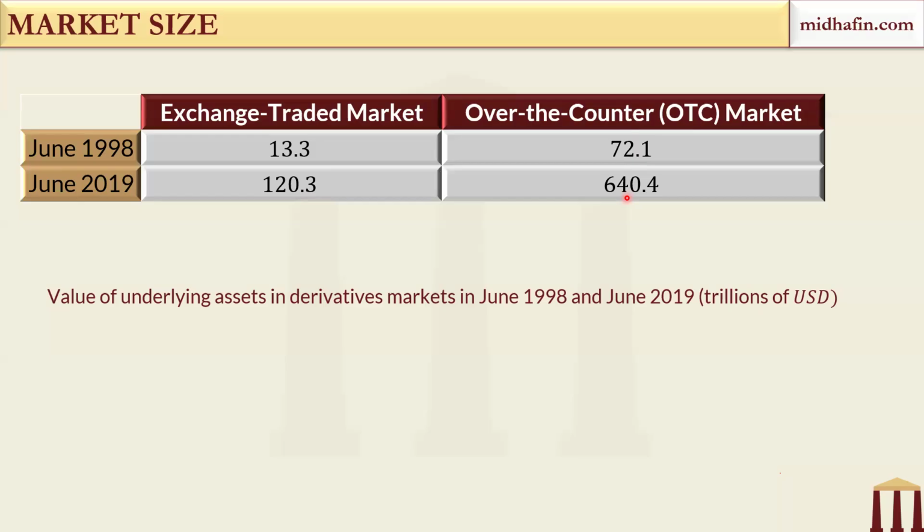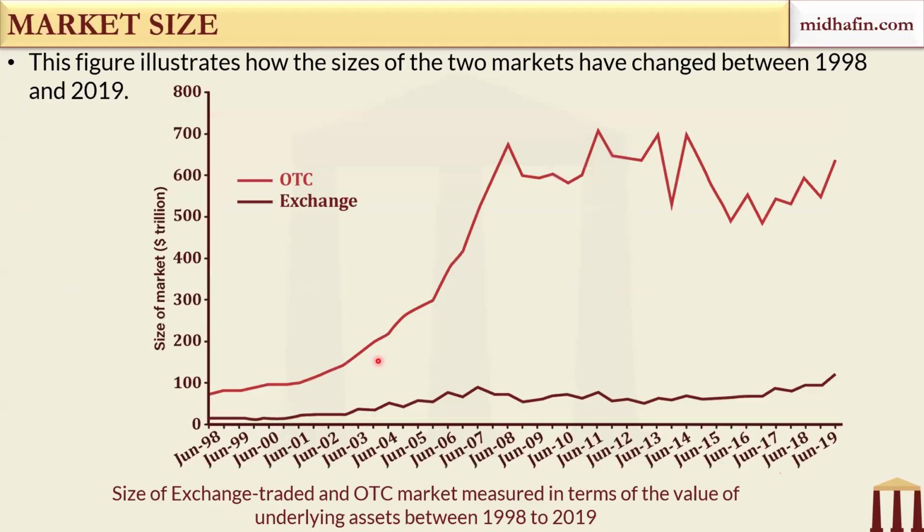Together, these numbers across different markets emphasize the massive expansion of derivatives markets over the two decades between 1998 and 2019. They are very critical in global financial systems, which is clearly evident in the numbers.